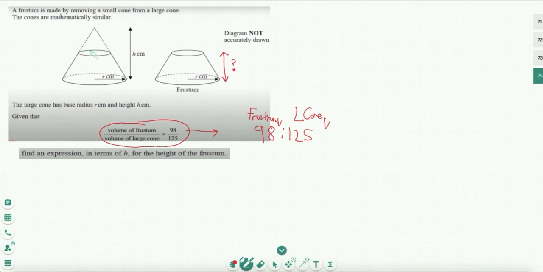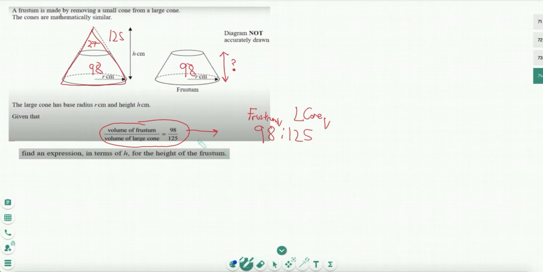So if the large cone has a volume of 125 and the frustum has a volume of 98, we can then find the volume in terms of units of the small cone. So the big cone is 125, the frustum is 98. We can do 125 minus 98 to find the volume of the small cone, which is 27. Okay, that's the first thing we can do. We can find out the volumes for the big cone, the small cone, and the frustum.